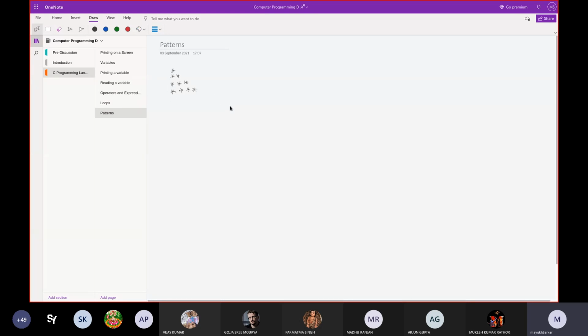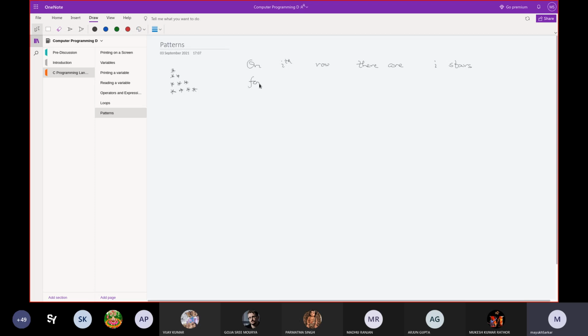Now the question is how to create one such pattern. You can observe that on the ith row there are i stars. So now suppose the input is n.